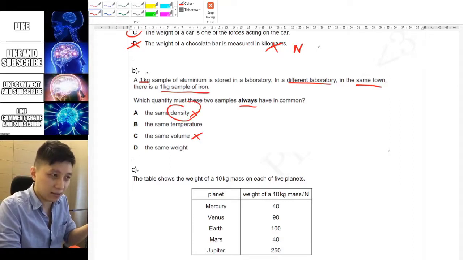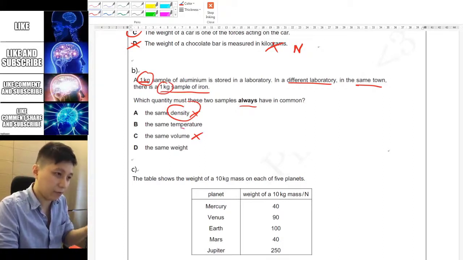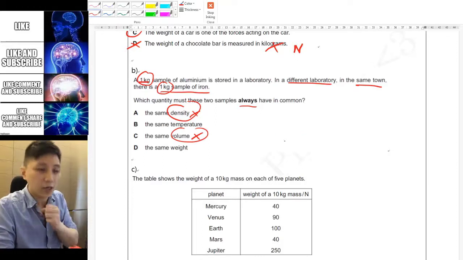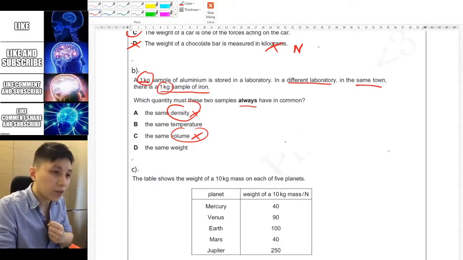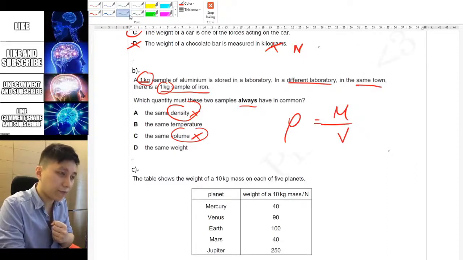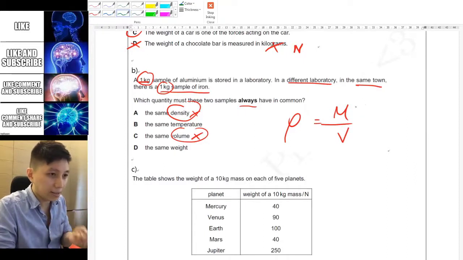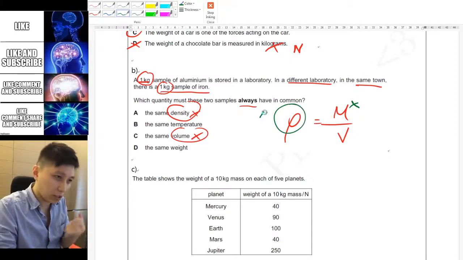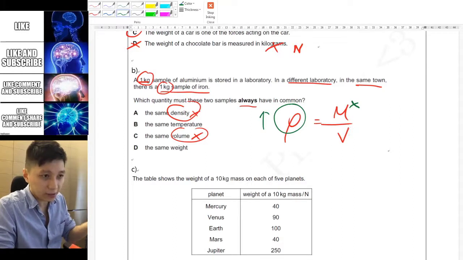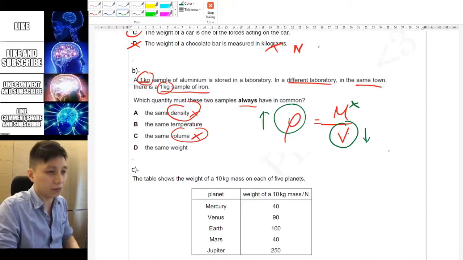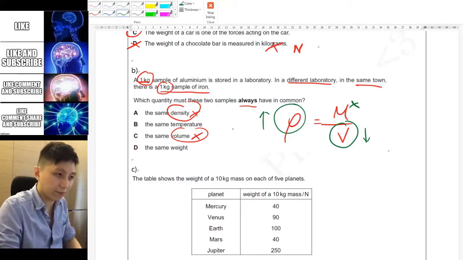Since the masses are the same, the volume would not be the same. Think about the equation that you learned about density. Density equals mass over volume, and so if the mass is the same but the density is different, for example one is bigger than the other, then the volume would be smaller than the other. So that's the relationship that you may have.